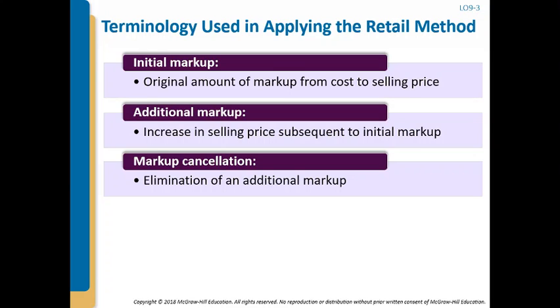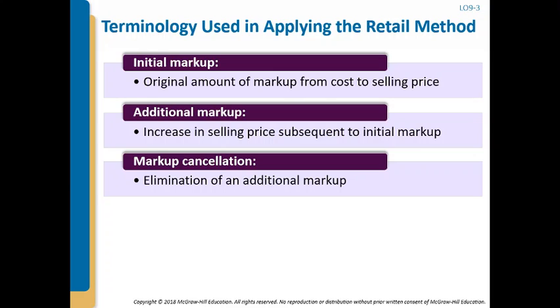So the first thing you have to do before applying the retail method with the weighted average cost flow assumption is know some of the terminology that's used. Initial markup is the amount of markup from cost to selling price that the company initially puts on a product.